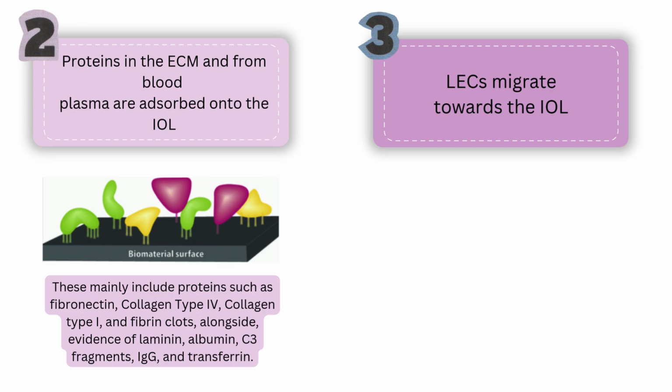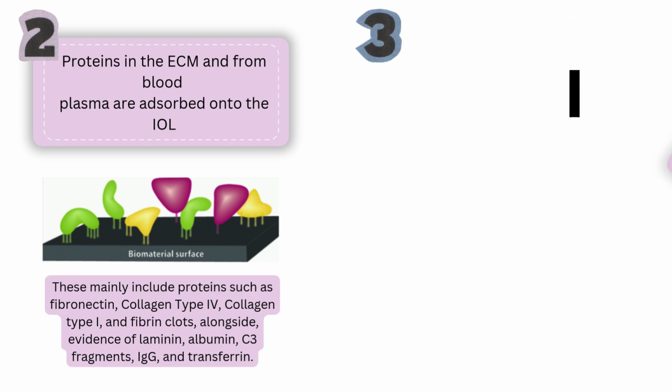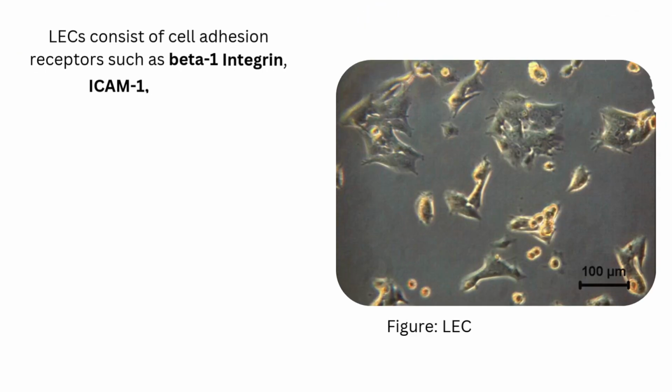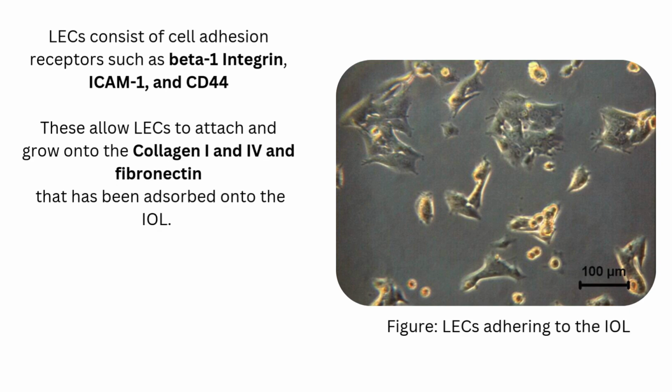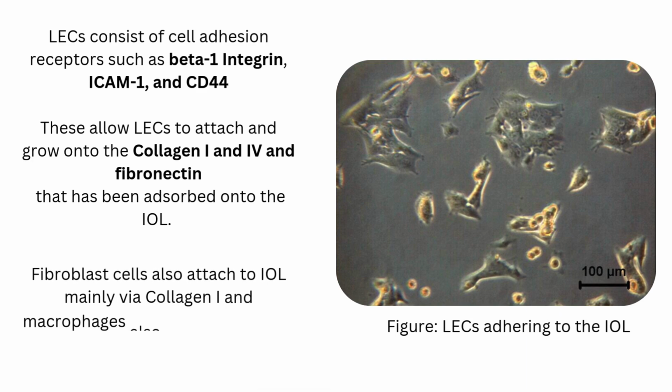The adsorption of these molecules then allows for LECs to adhere onto the IOL. LECs consist of cell adhesion receptors such as beta-1 integrin, ICAM1, and CD44. These allow LECs to attach and grow onto the collagen and fibronectin. Other cells may also attach to the IOL, such as fibroblasts via collagen 1 and macrophages via vitronectin.